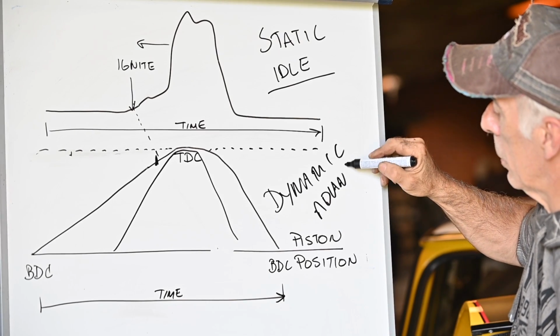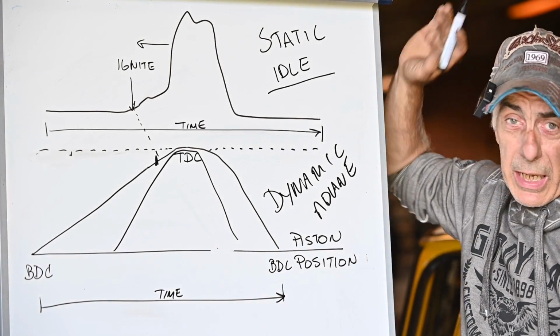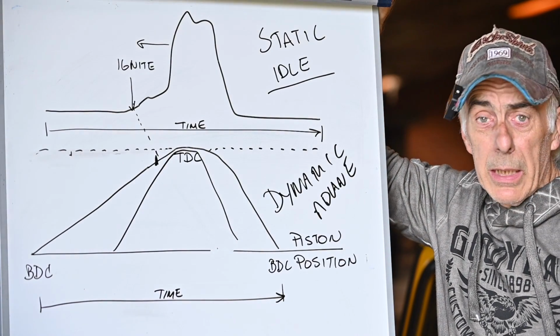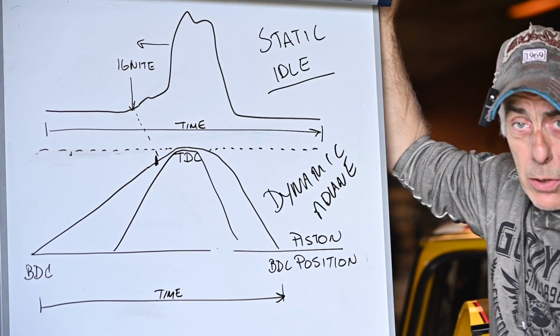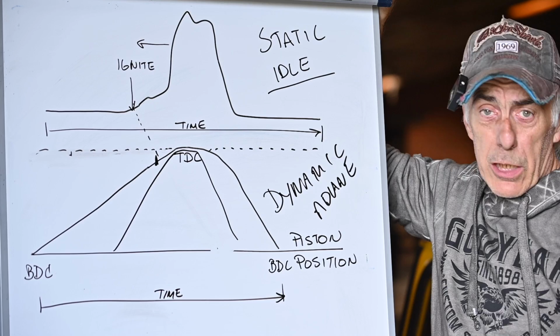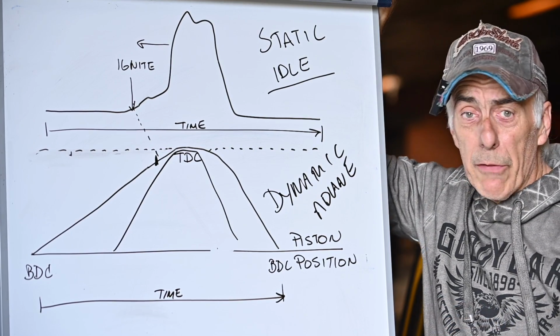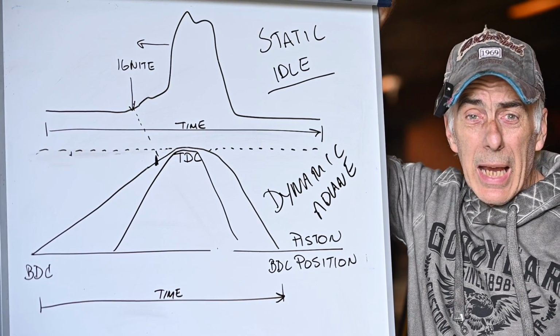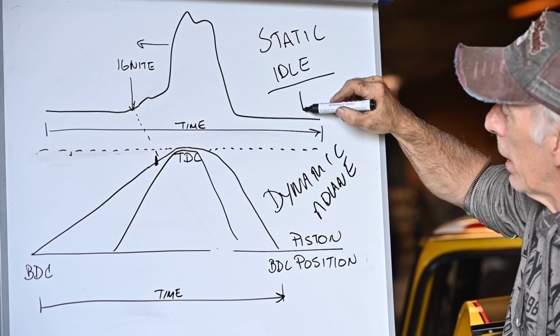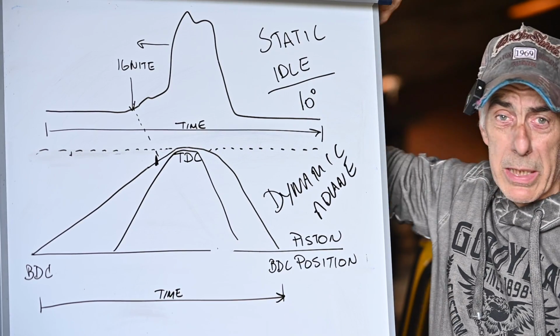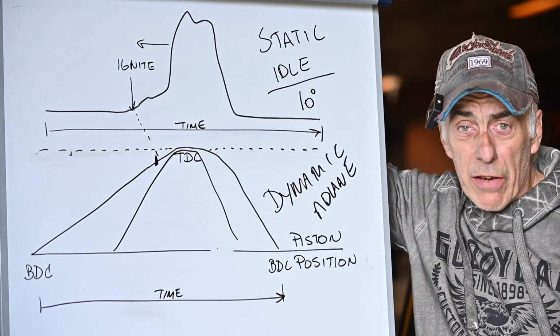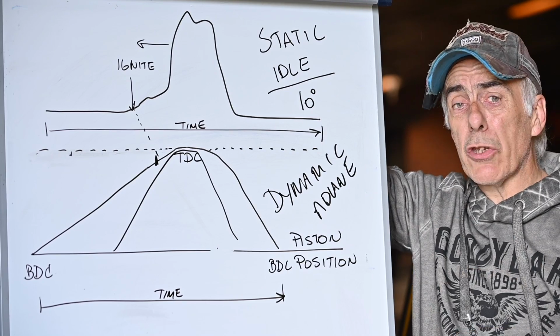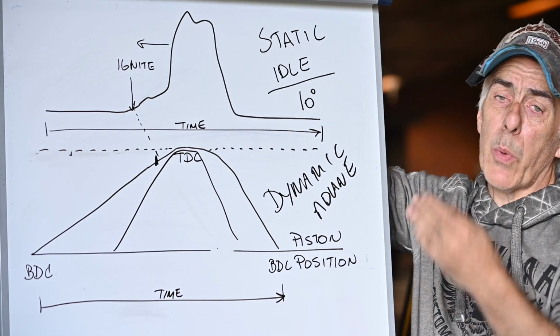Now, the first thing we're going to do is adjust the static advance. Typically, that is specified in your owner's manual or the technical specifications of the engine. For the Mini that I have, I tend to go to around 10 to 12 degrees advance on the crankshaft. Some people say it should be 5, other people say it should be 12.